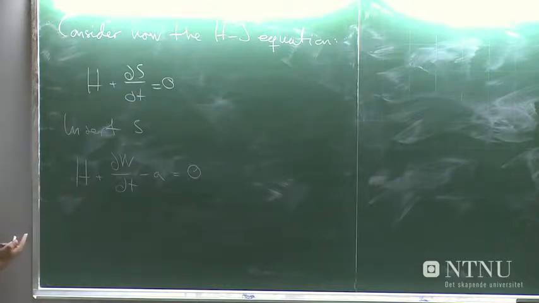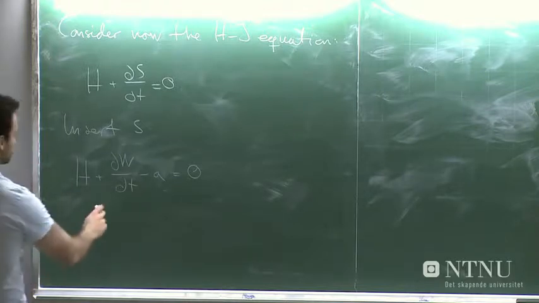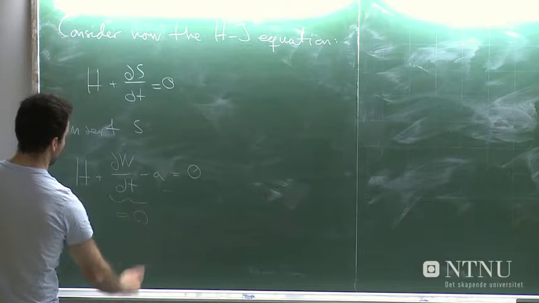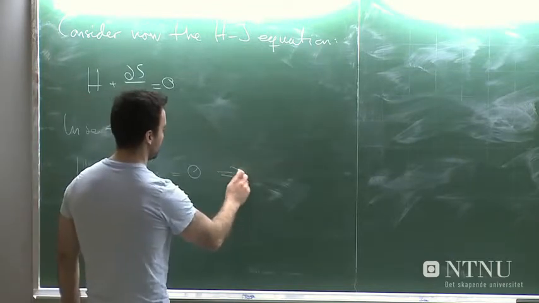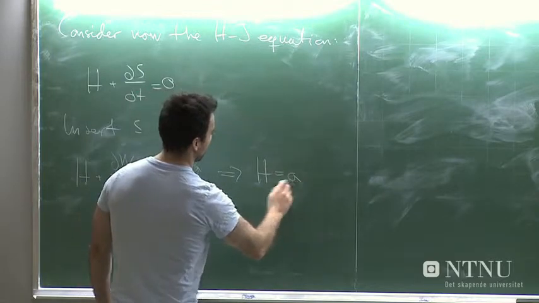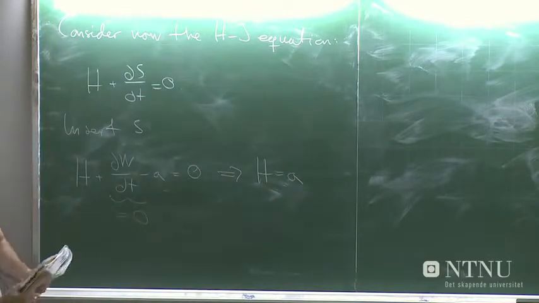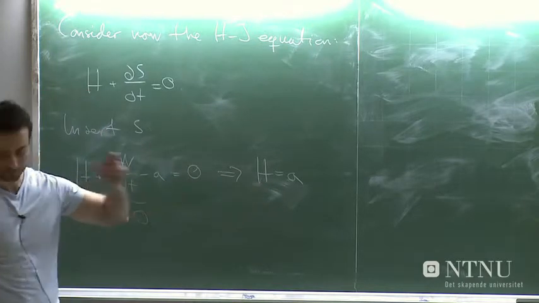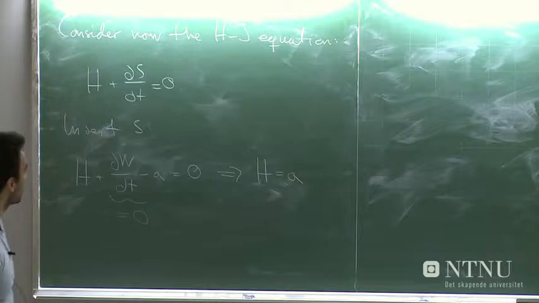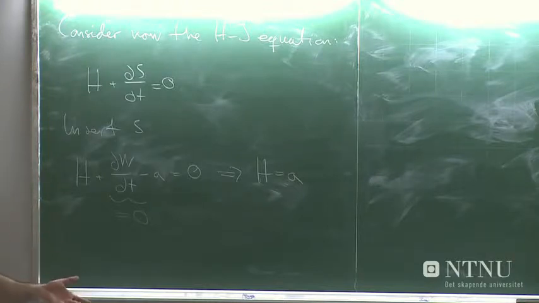Now, W has no explicit time dependence, so this is 0. And in effect, the Hamilton Jacobi equation gives us that H is equal to A, where A is some constant. Now the question is, can we say something about what this constant is? Or is it just arbitrary?